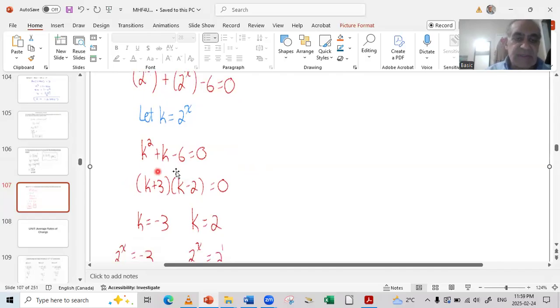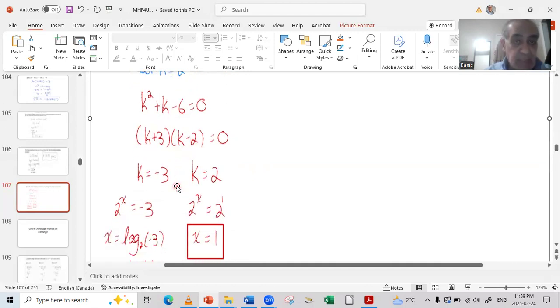Okay, I will factor this. The two numbers, when I multiply them, give me 6, and the gap between them is 1. Of course, it's 3 and 2. So one bracket will be k plus 3, and the other bracket will be k minus 2. So this one equals 0 or this one equals 0, because 0 times anything gives me 0.